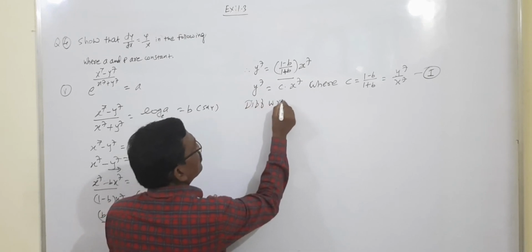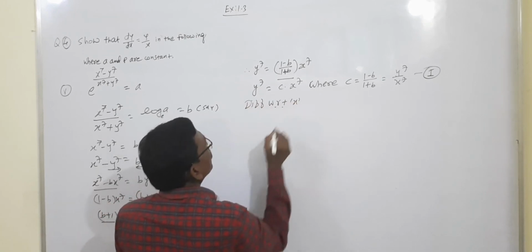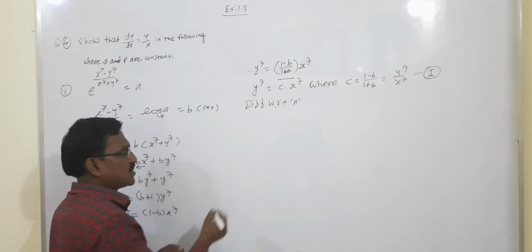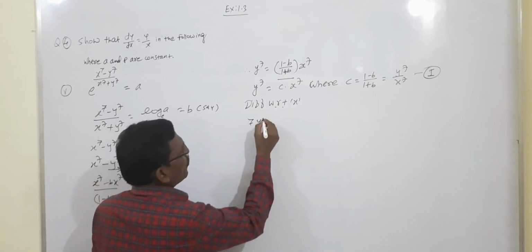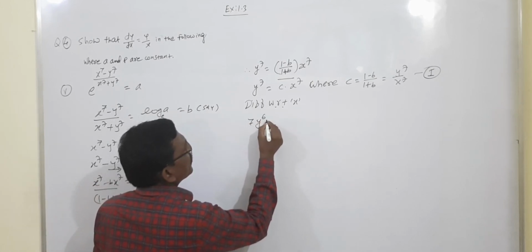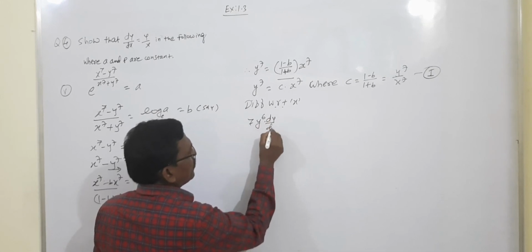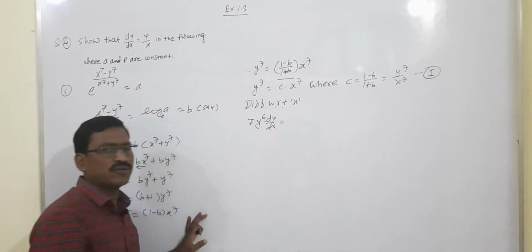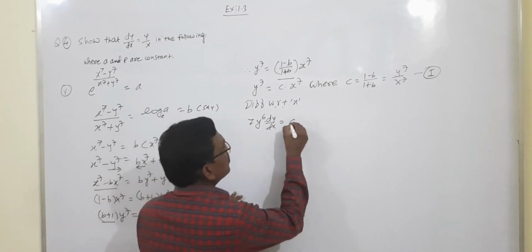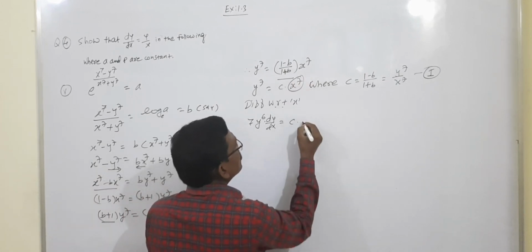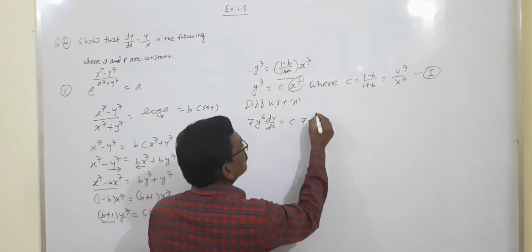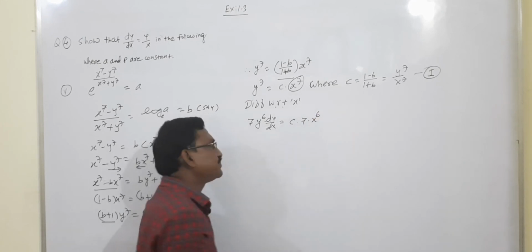Differentiating with respect to x, we get: the derivative of y raised to 7 is 7 into y to the power 7 minus 1, that is 6, into, by chain rule, dy by dx, is equal to constant c as it is here, into the derivative of x raised to power 7, which is 7 into x to the power 7 minus 1, that is 6.